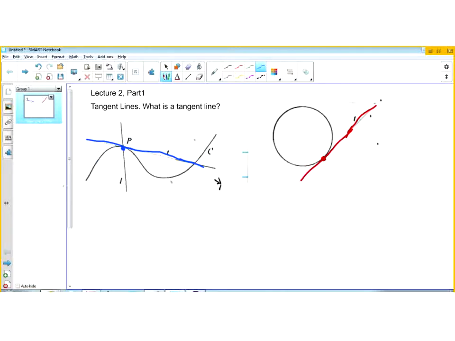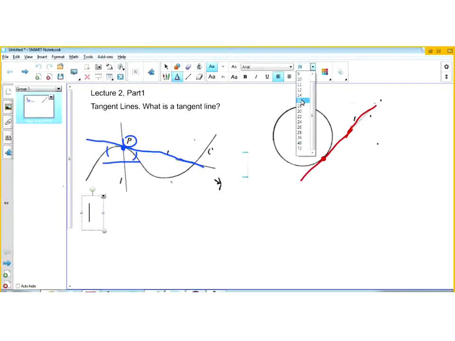But for clarity's sake, we say that the blue line is tangent at point P, insofar as if we pick a neighborhood, which I've delineated by these open parentheses, if we bracket point P right here within a neighborhood, which is basically a range of X values, and the blue line touches the curve, the function, at only one point in this neighborhood, then we say that the point of tangency is P, and that the blue line is a tangent line. All right, so we can ask more general questions.